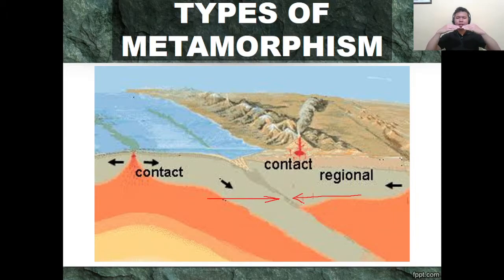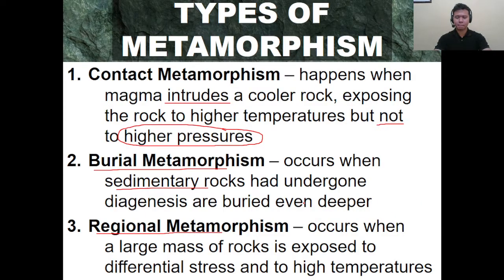Upon their collision, they get squeezed, pressure is increasing, and temperature is increasing as well because it is situated near the magma chamber. Now, this regional metamorphism allows the contact of two rocks, squeezing them apart, changing its form, allowing it to undergo metamorphism. So these are the different types of metamorphism: contact metamorphism, burial metamorphism, and regional metamorphism.